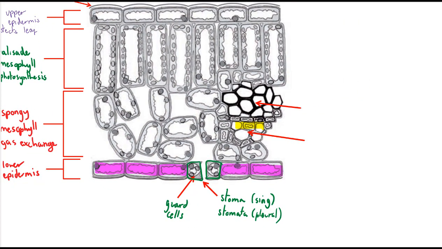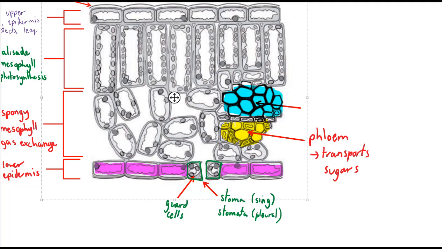The next thing we come to is this area of cells, and this is known as the phloem, and that transports sugars, not just through the leaf but the entire plant.